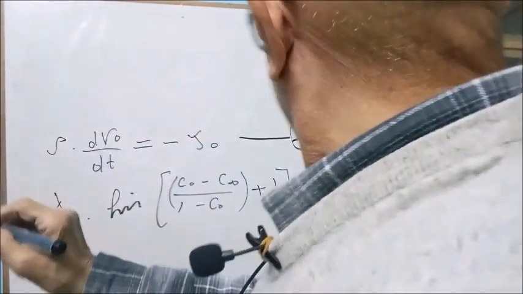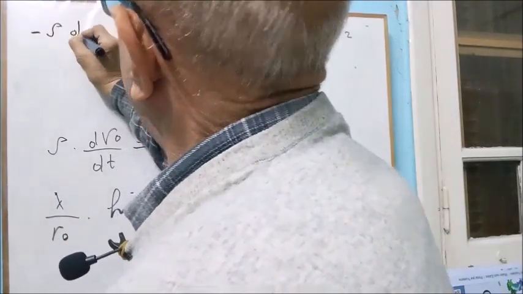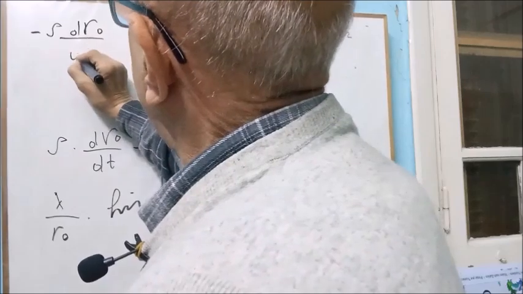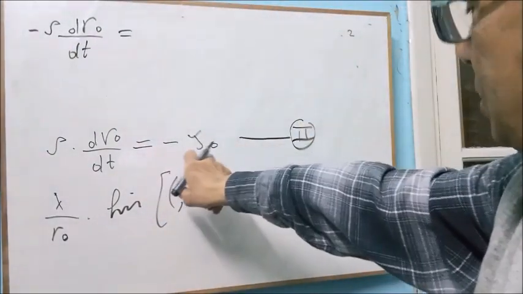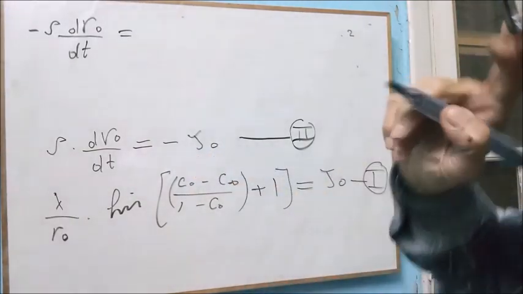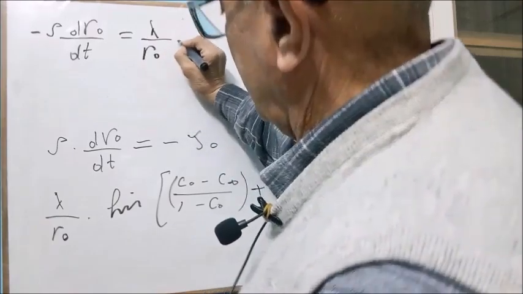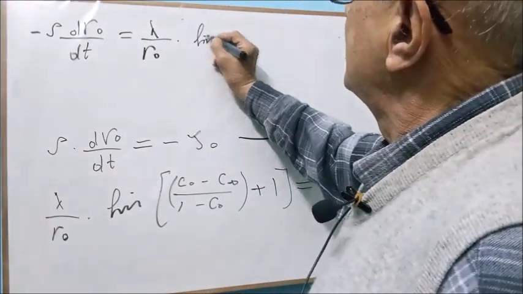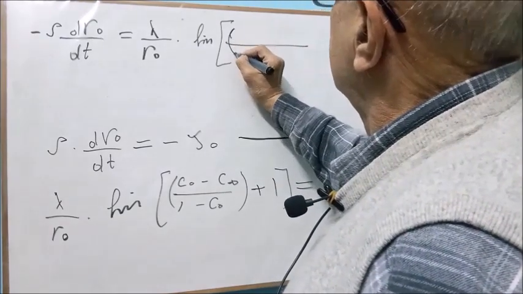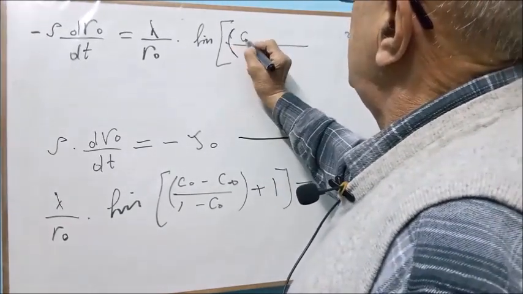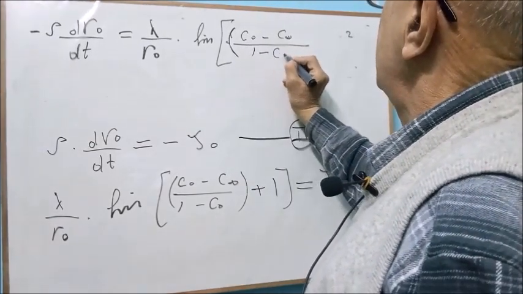We have here minus rho dR0 by dt, minus, to make it equal to J0, equals lambda over R0 into ln of (C0 minus C infinity over 1 minus C0) plus 1.